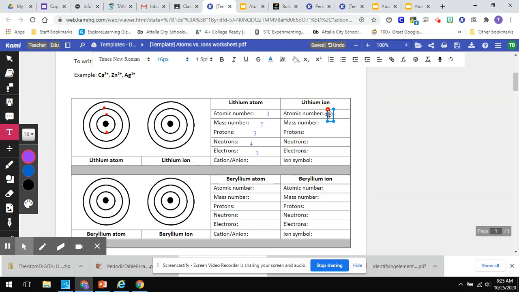When we go over here and we're talking about an ion, remember that the thing that's going to change for an ion is going to be its electrons. And it's based on its charge. And we can get that from the periodic table. So everything else will stay the same from the other side. The only thing that's going to change is going to be the electron. So I can go ahead and fill in everything else.